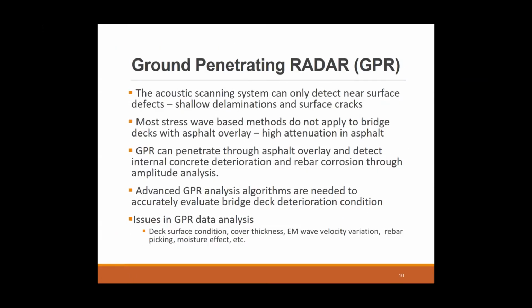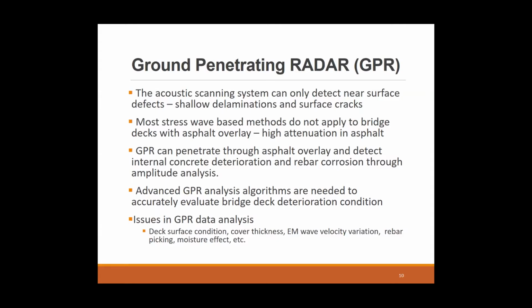So the next related project is ground penetrating radar. The reason we cannot just rely on the acoustic scanning system is that it can only detect near-surface defects, that is, shallow delaminations and surface cracks.